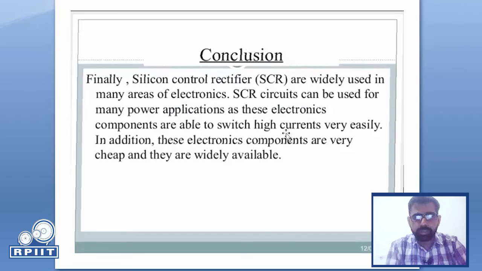In addition, these electronic components are very cheap and widely available. Nowadays they are a hot topic for research in the electronics field, and they are available at very low cost in comparison to earlier versions of the switches.